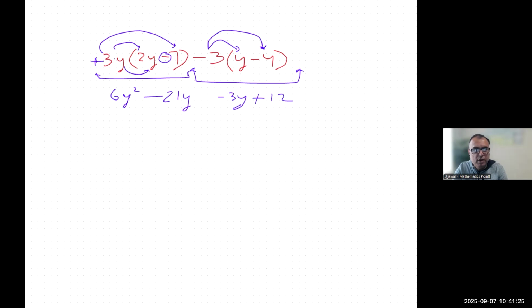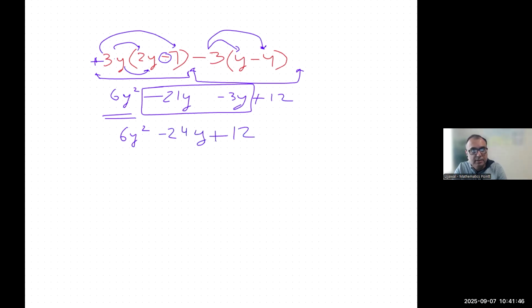So I don't have any y square here. I say 6y square. These two can be combined, so that makes it negative 21 take away 3, which is negative 24y plus 12. That's the answer.